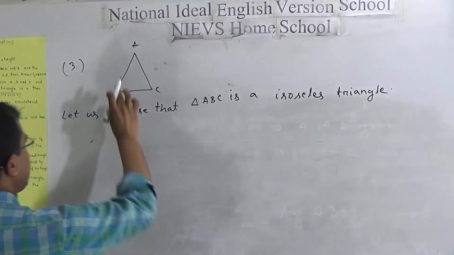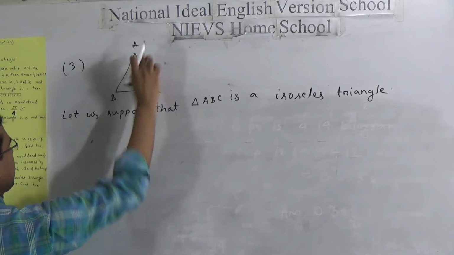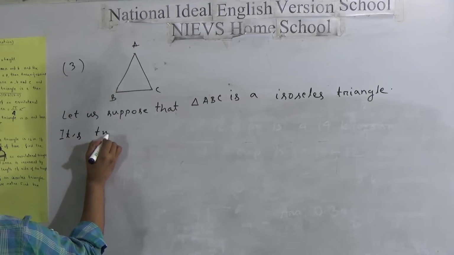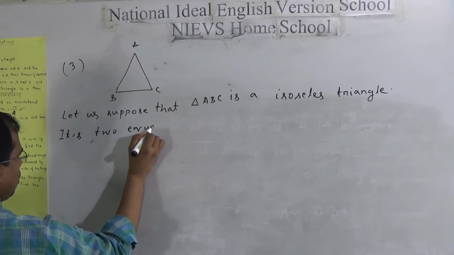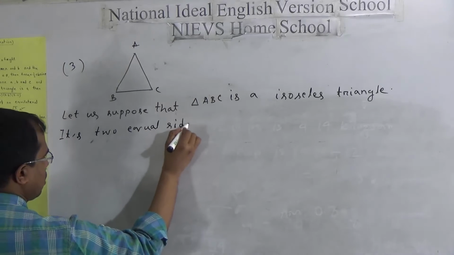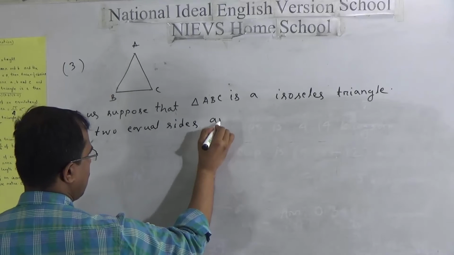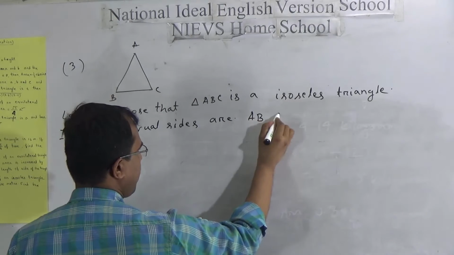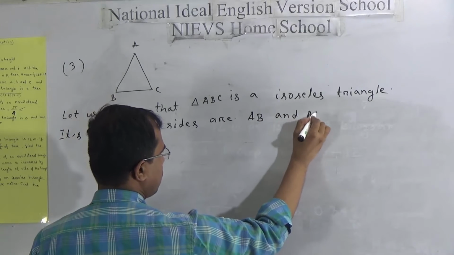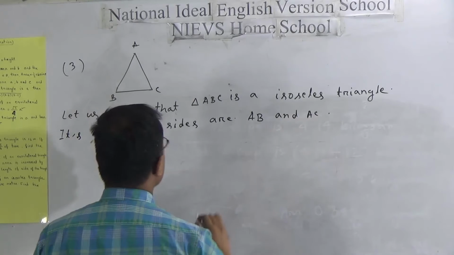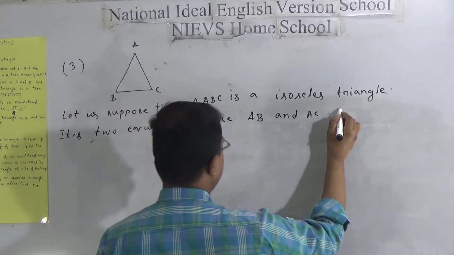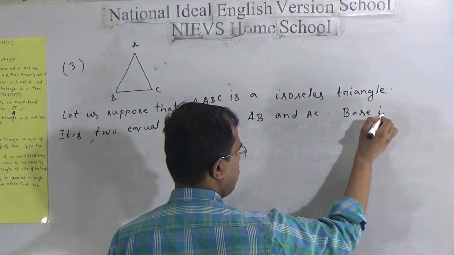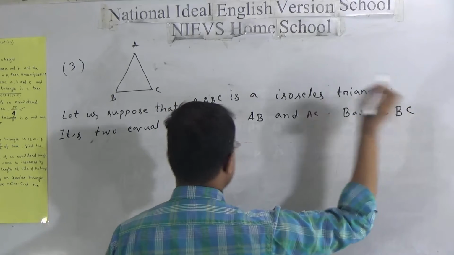Its 2 equal sides are AB and AC. Base is BC.